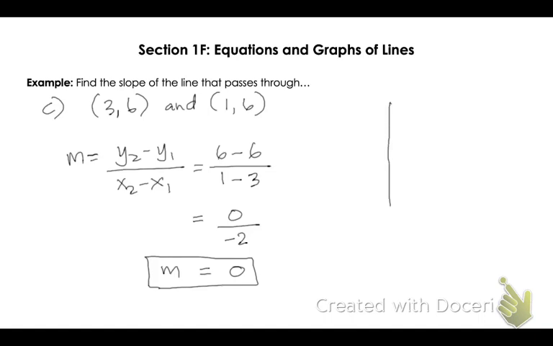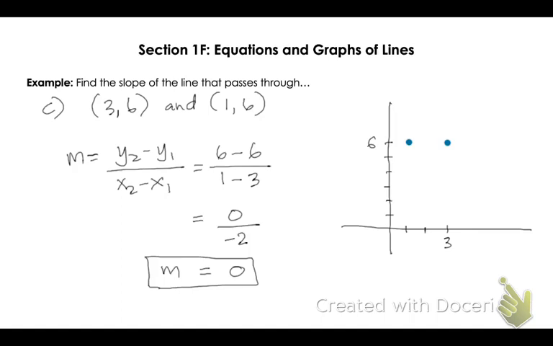I'm going to plot these 2 points. I had (3, 6), I'm going to plot that point, and (1, 6). Actually, I already have that labeled there. All right, so there's our line.